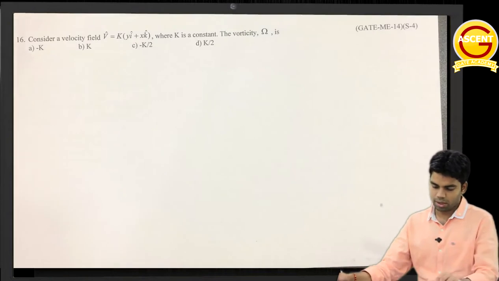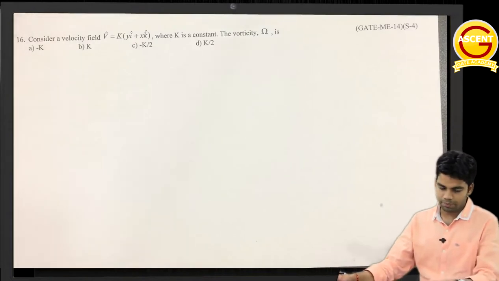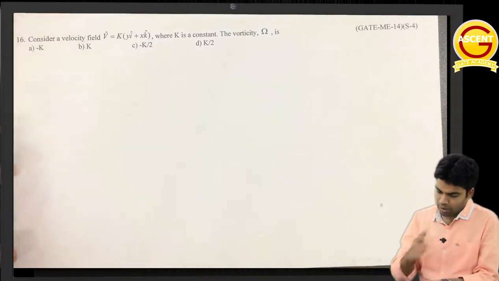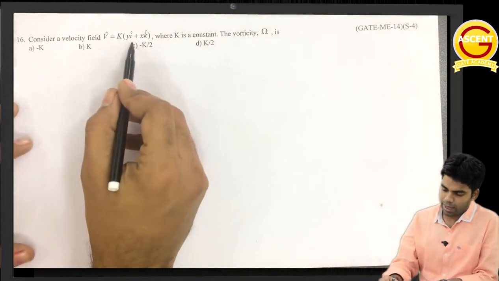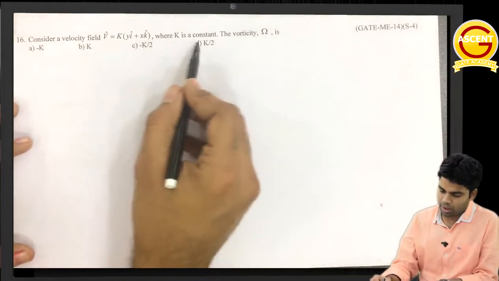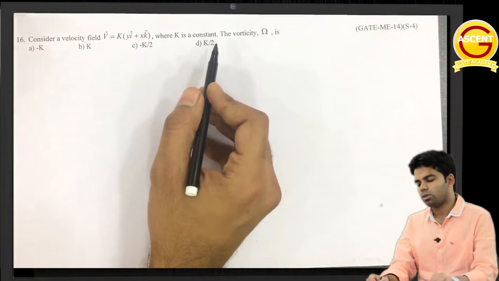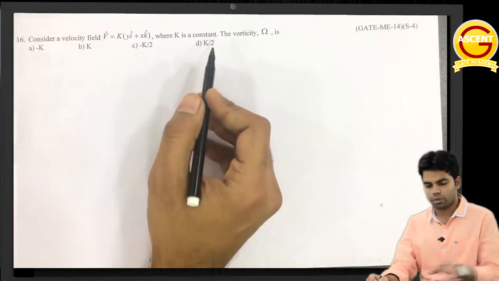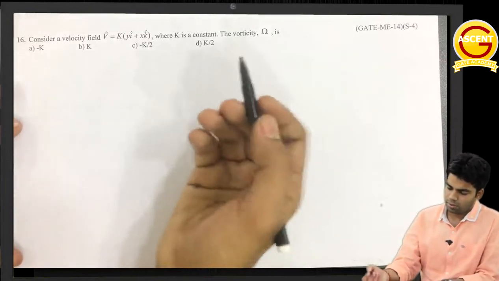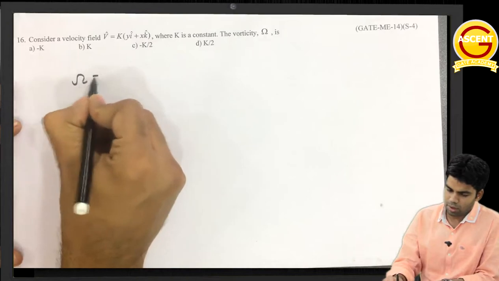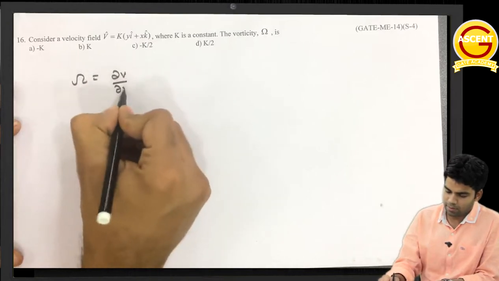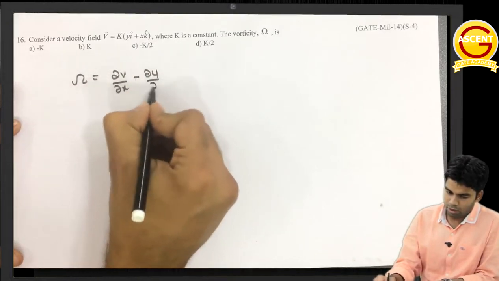Next question says, consider the velocity field V is equal to k(y i cap plus x j cap), where k is constant. The vorticity omega is? So we have to determine the vorticity, which, as we know, is del v by del x minus del u by del y.